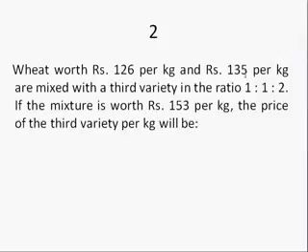Now forget these two varieties. Now we have one new variety and one third variety. Now the mixture will be equal in quantity. Okay, we'll see how. So the mixture is for 153 per kg, but we need to find out the price of the third variety.